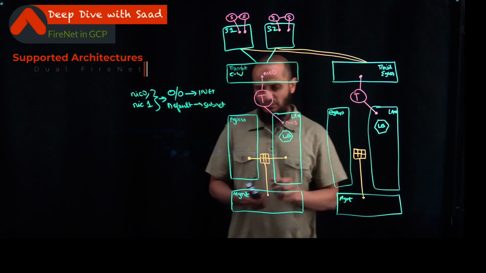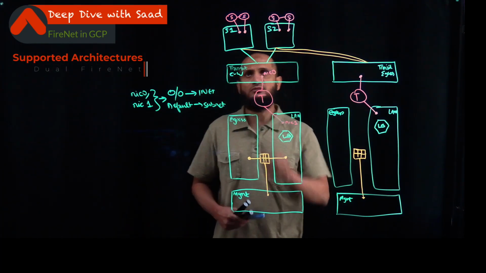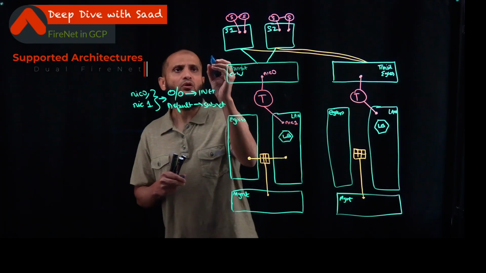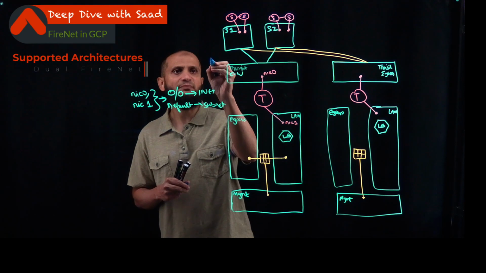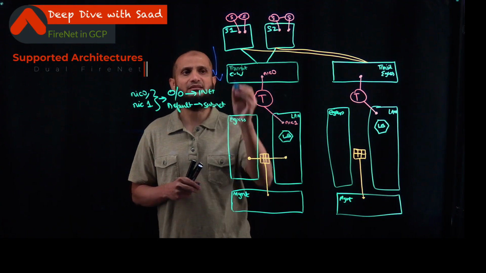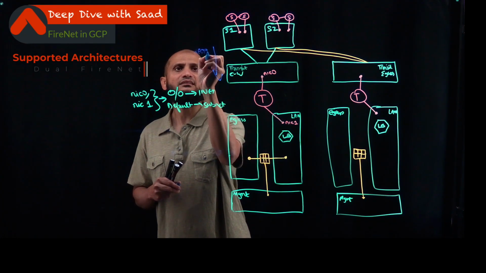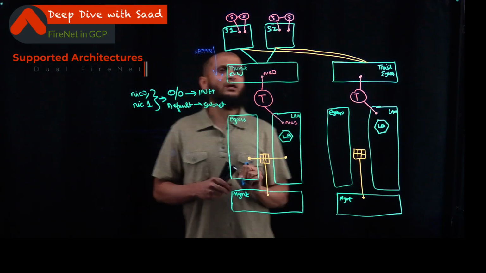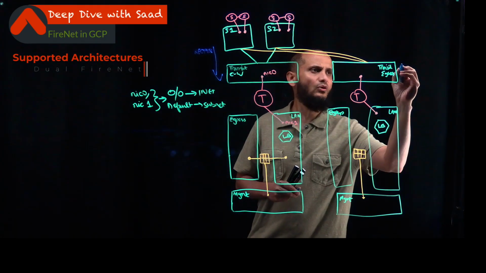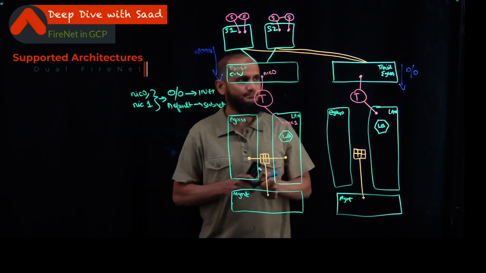So anytime you need the east-west inspection, let's say when spoke 1 is communicating with spoke 2, then all the RFC 1918 inspection traffic is going to be coming towards the transit east-west. So this is RFC 1918. And when the traffic is destined for internet, then all the quad 0 traffic is coming towards here.